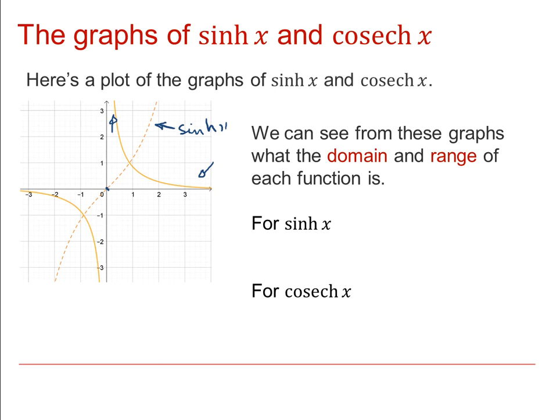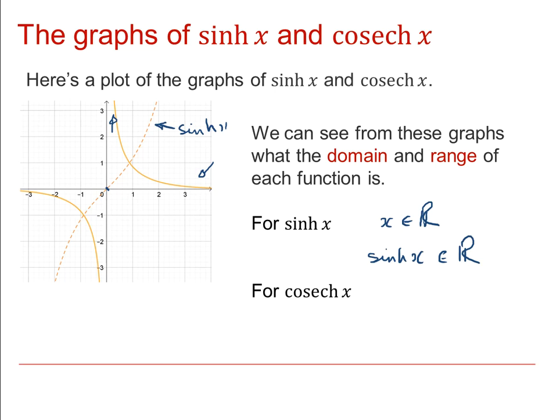We can look again at the domain and the range. Sinh is defined for all values in the real numbers, and we can see that sinh x is also any value in the real numbers for its range.